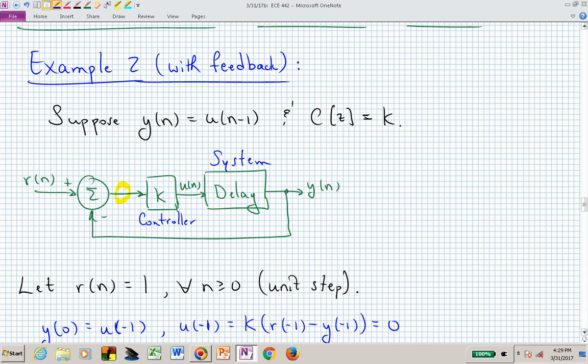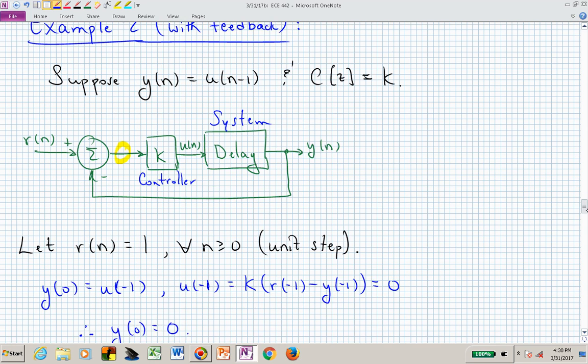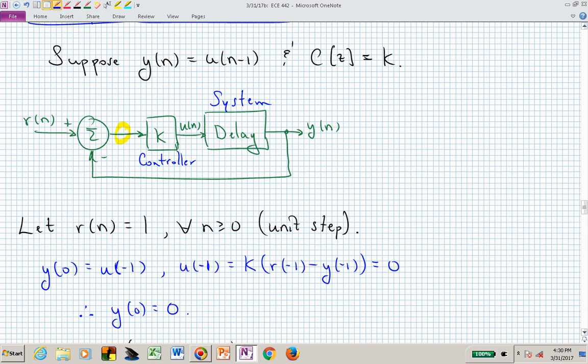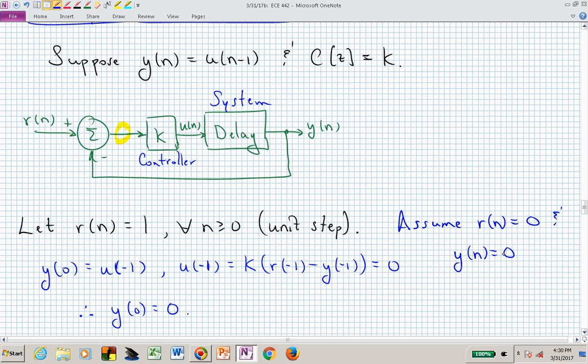So now let's look at what happens if we inject into this closed loop configuration a step input, little r of n equal to 1. We're assuming that r of n is equal to 0 and y of n is equal to 0 for all negative values of index n.